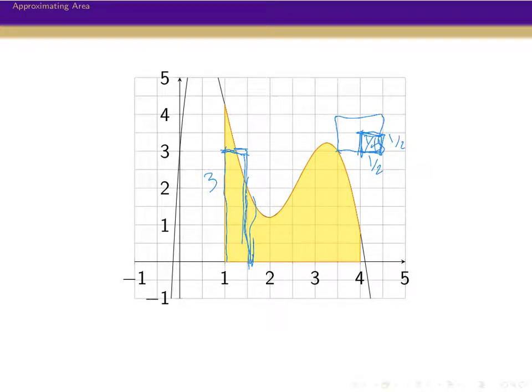Let's erase all of that. So it's 3 high. It's 3 by 1/2, this rectangle. 3 times 1/2. Maybe for between 1.5 and 2, we say that it's right there. And so this would be 1.5.